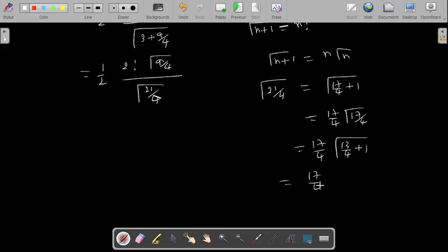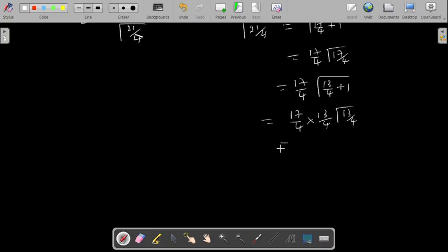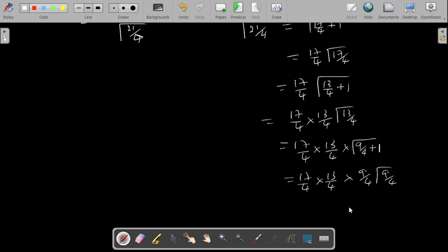Again apply the formula n plus 1: n into gamma n, 13 by 4 into gamma 13 by 4. Again, 13 by 4 is 9 by 4 plus 1. So gamma 21 by 4 is 17 by 4 into 13 by 4 into 9 by 4 into gamma 9 by 4.